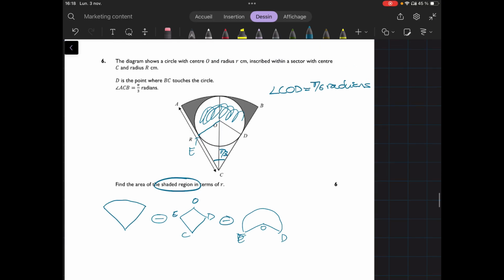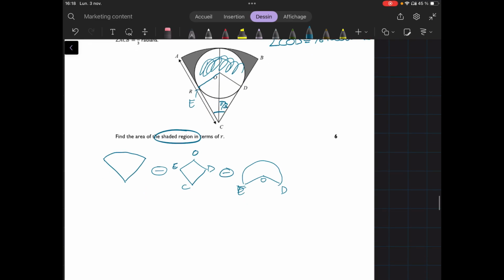We know that the radius of the big circle is big R. So the area of this sector is going to be a half times pi by 3 times R squared.